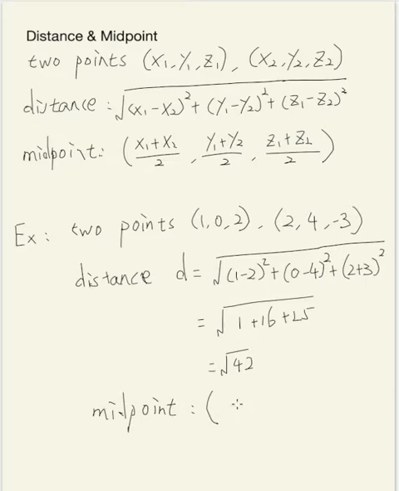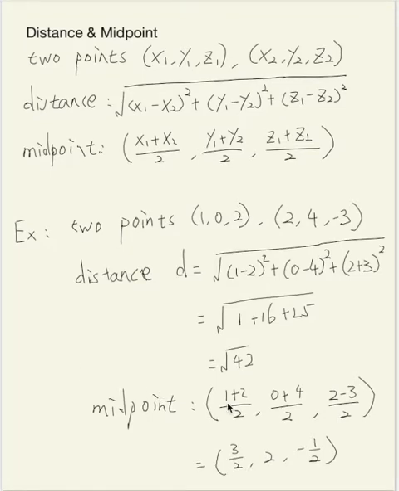The midpoint has coordinate 1 plus 2 over 2, and then 0 plus 4 over 2, and then 2 minus 3 over 2, which is 3 over 2, then 4 over 2 is 2, and then minus 1 over 2. Okay, so that's the midpoint of the 2 points.